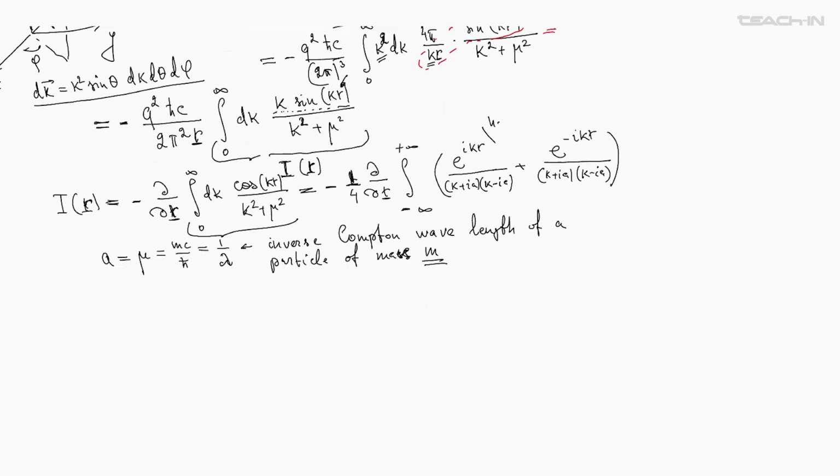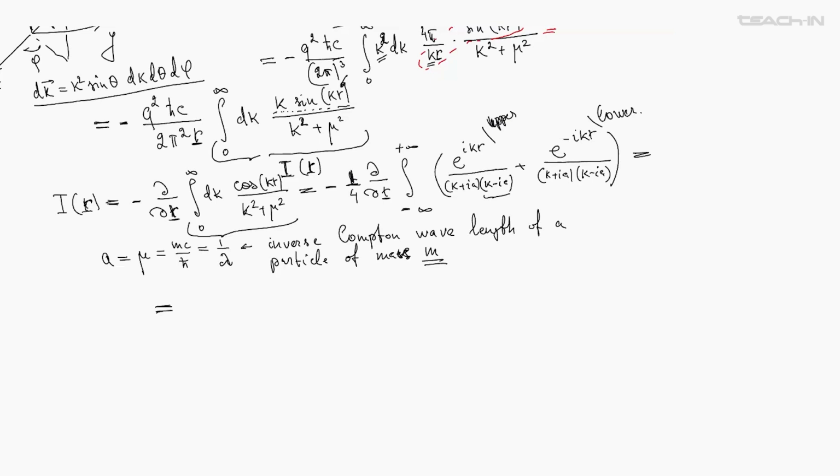And then you see which poles you have in the upper and the lower half plane, and use the residue theorem. So you compute the residue at the corresponding pole. In the upper half plane, you will have a pole at k equal to ia. In the lower half plane, you will have a pole at k equal to minus ia, where a is the same as this parameter mu.